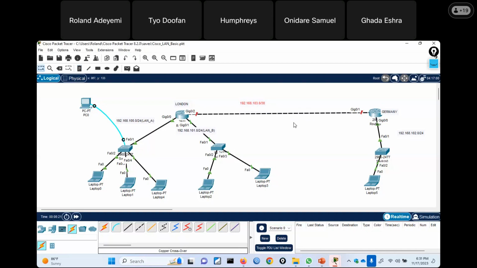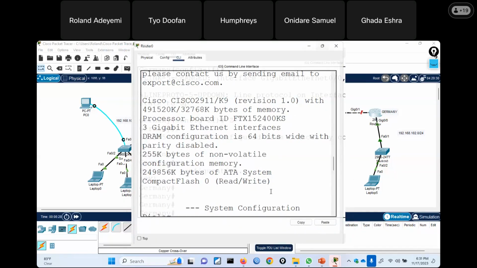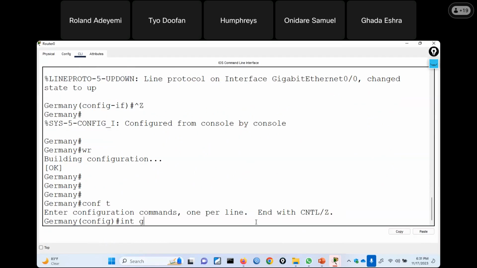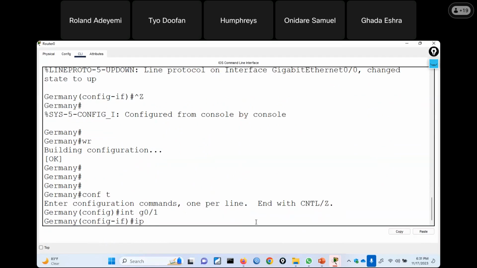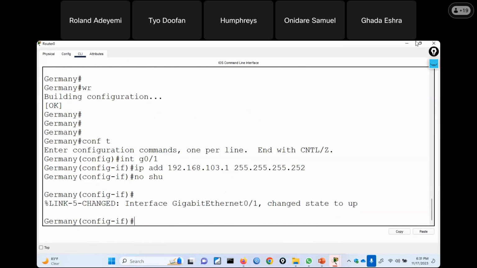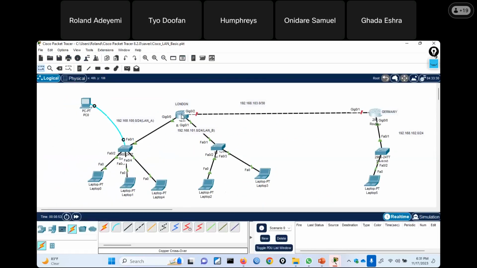So I can put .1 on one side of the link, put .2 on the other side of the link. Let me go to this side. Interface G0/1, IP address 192.168.103.1, 255.255.255.252. When you do your subnetting and calculate the new subnet mask, that's what you get. I am done on Germany side. Then I'll go to London side.